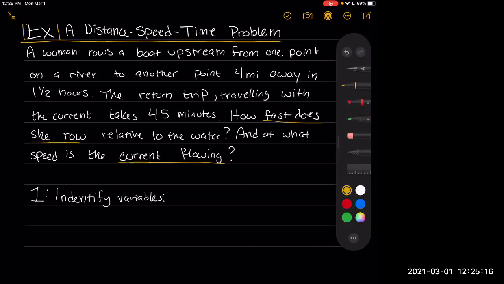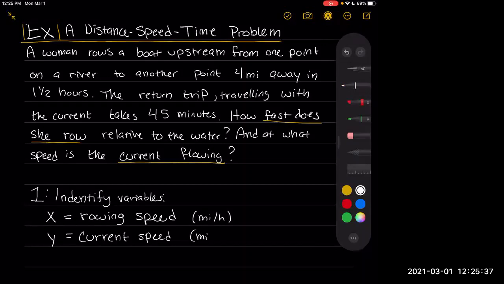So that means that this is going to be our x and y, and x is going to be the rowing speed, miles per hour, and y is going to be the current speed, also miles per hour.